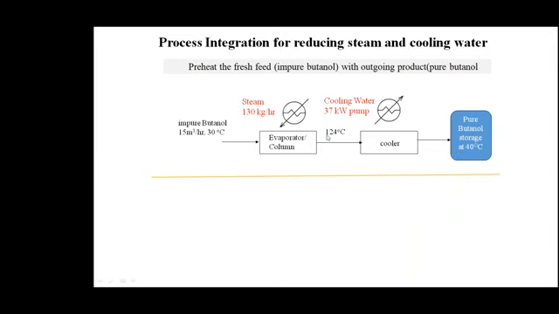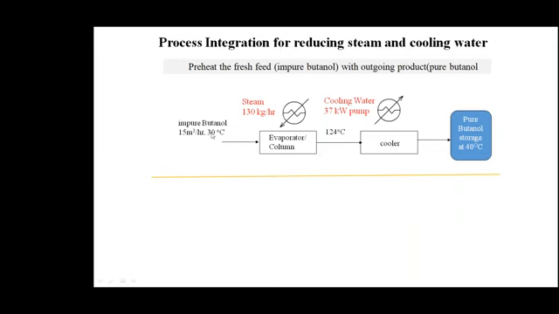So instead of doing this, why not take this impure butanol, which we heated to 124 degrees. Then the impure butanol which is coming next, if you put a heat exchanger like this, will get preheated.